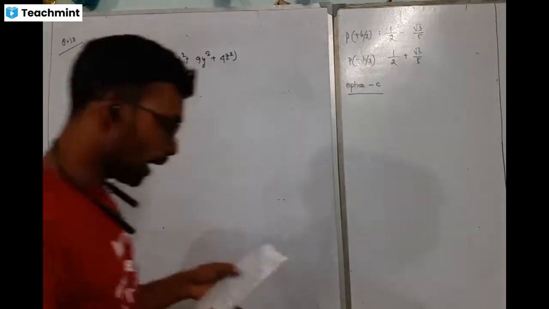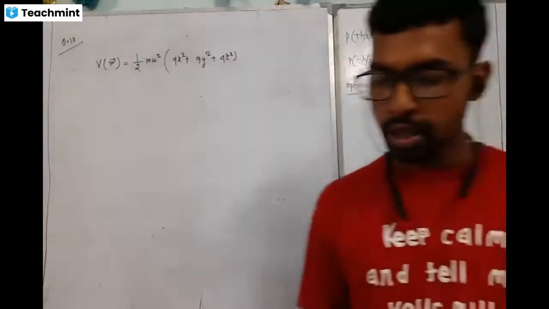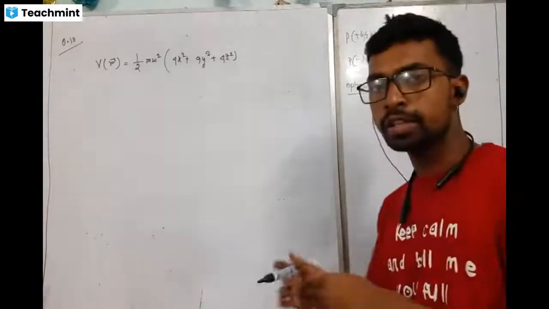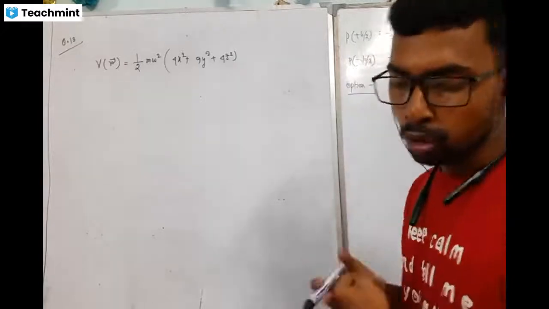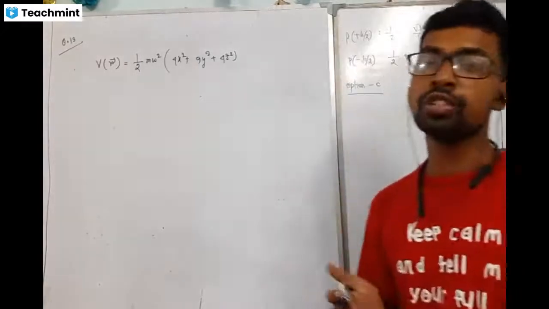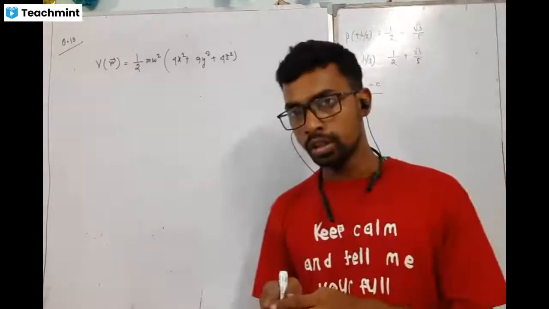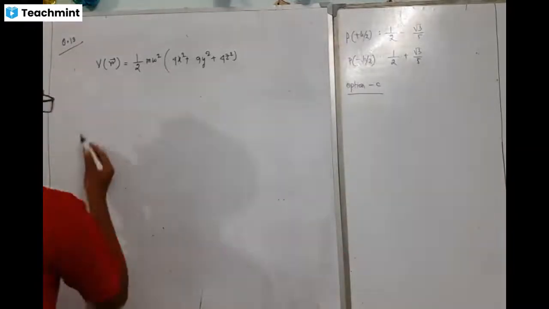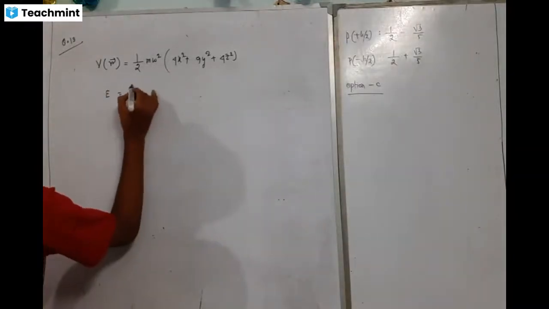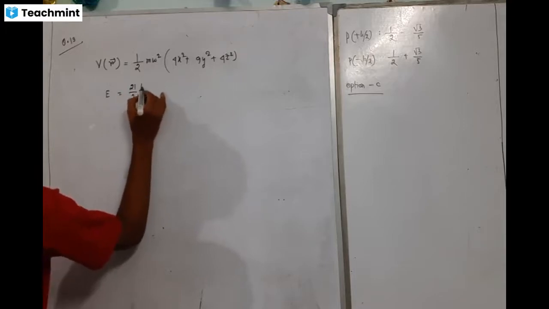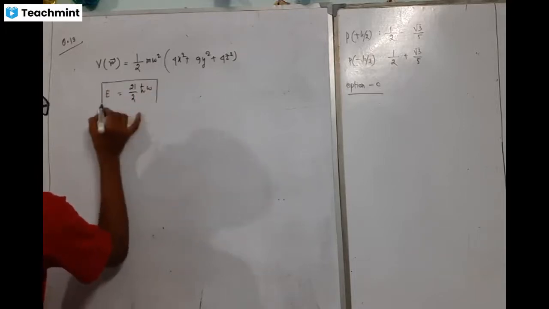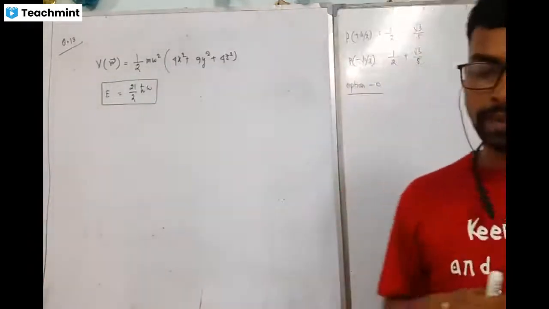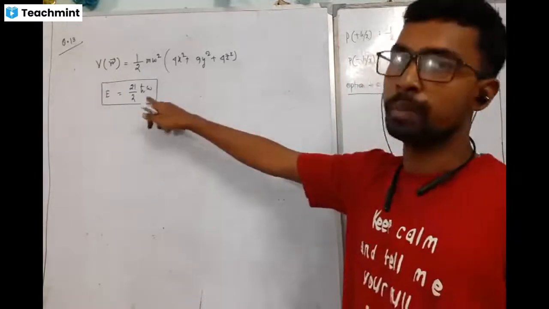Now they ask, with respect to this potential, you can find the maximum number of electrons that can be accommodated in the energy level, and that energy level has energy 21 by 2 h cut omega. So in this energy level, what is the maximum number of electrons that can be accommodated?